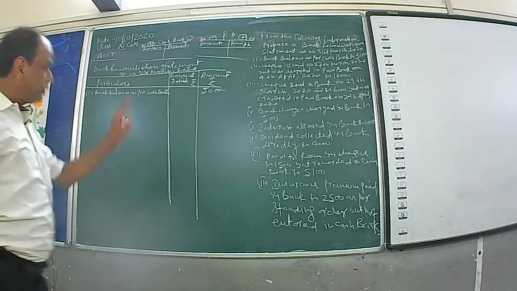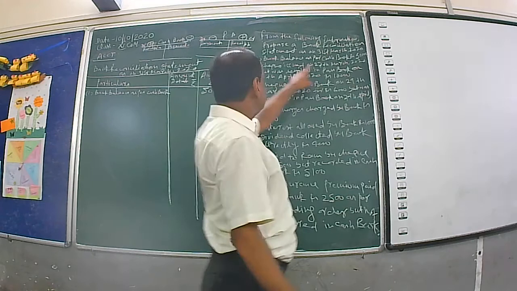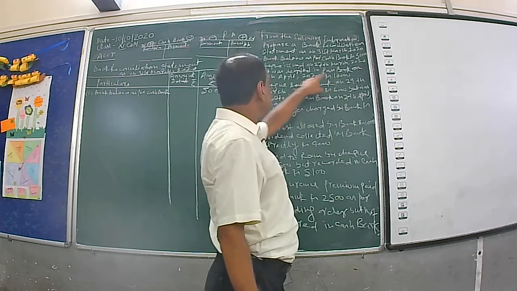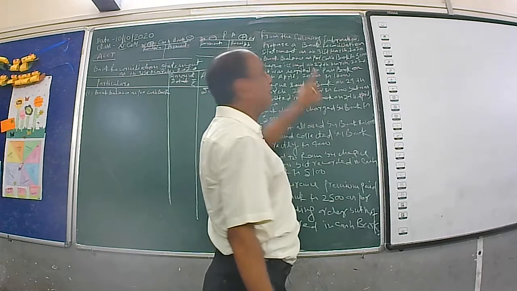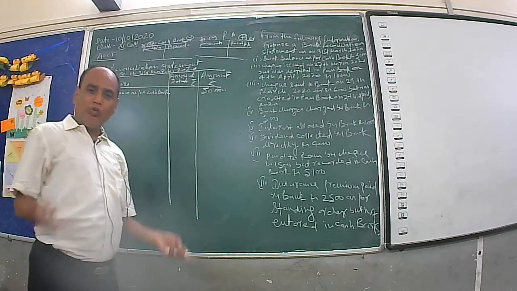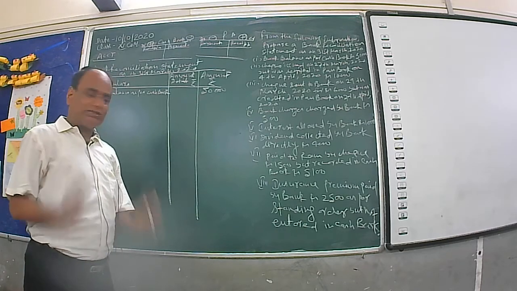Now see number 2, check issued on 27 March 2020 but debited in passbook on 4th April. It means it was not debited in passbook within 31st March.